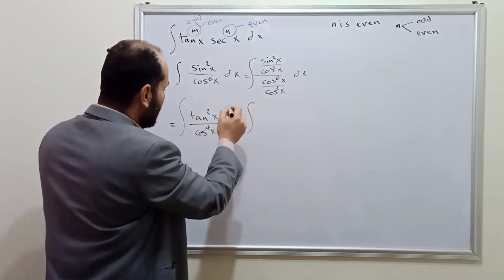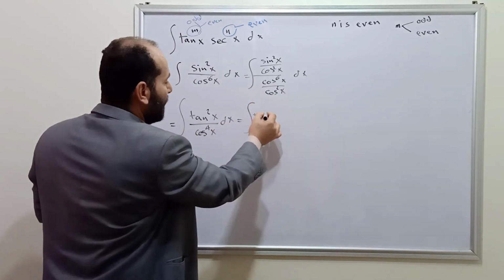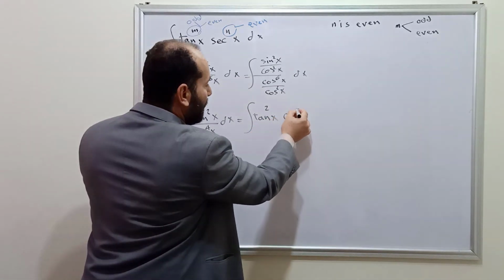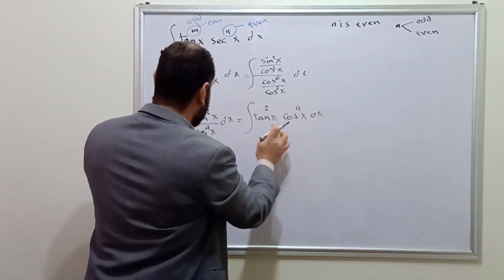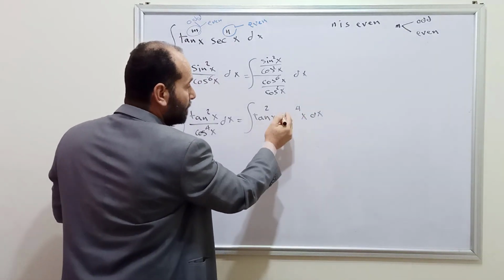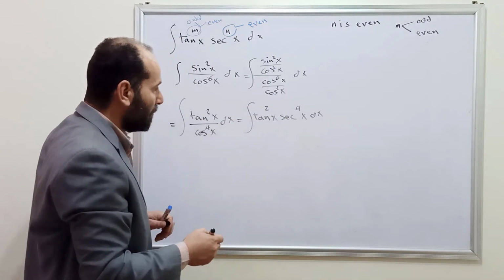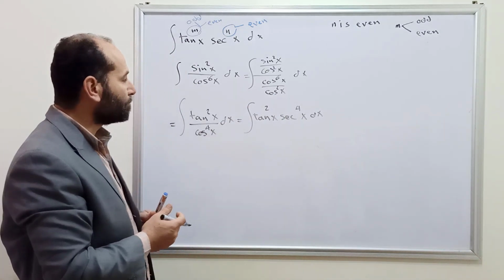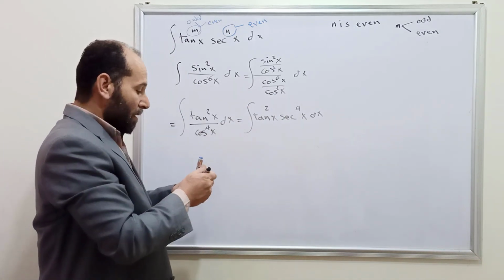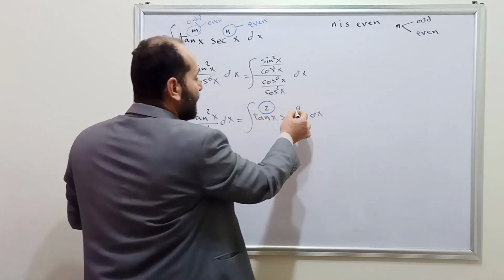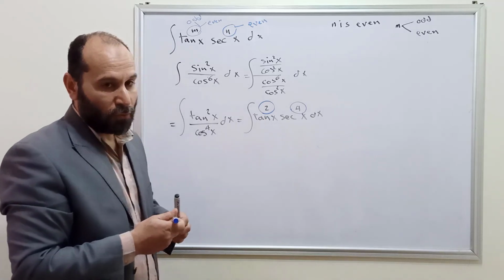This equals the integration of tan squared x over cosine power 4 x, dx. Cosine in the denominator becomes sec, so sec power 4 x, dx. So m here equals 2 and n equals 4.